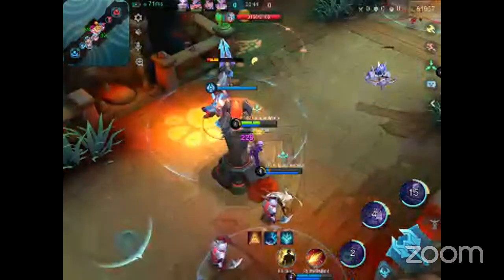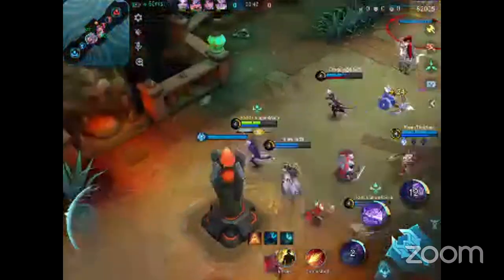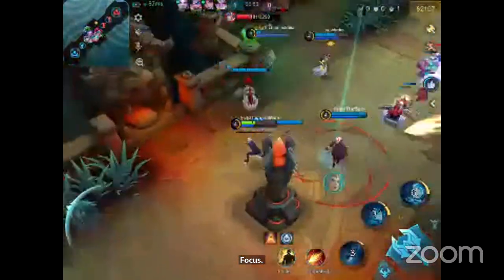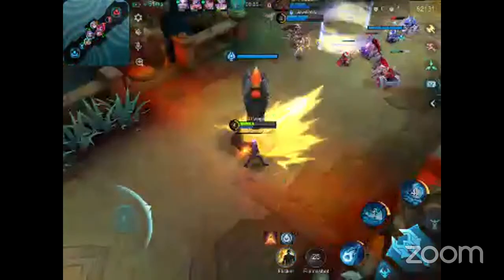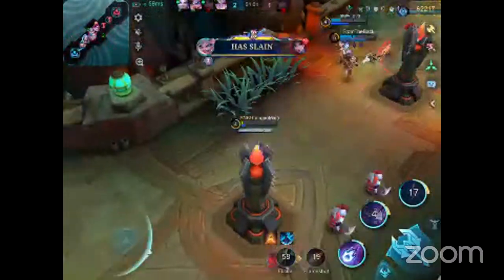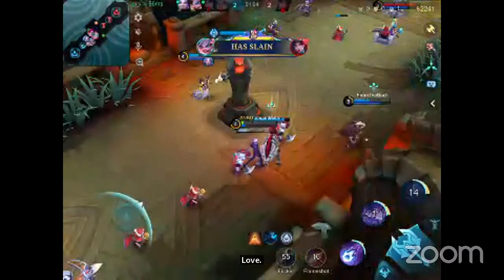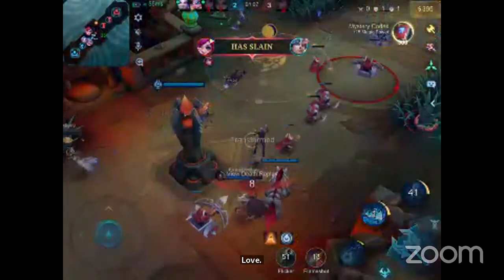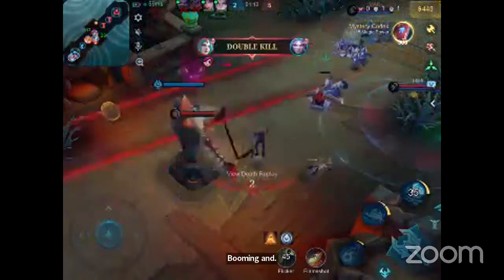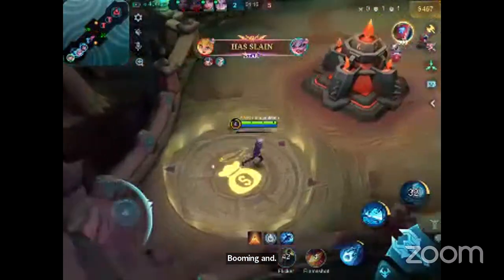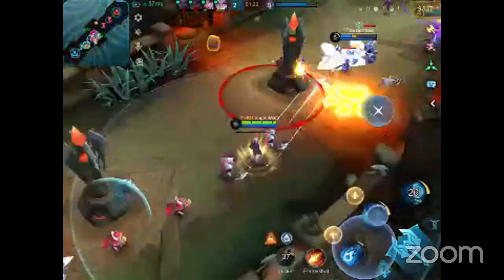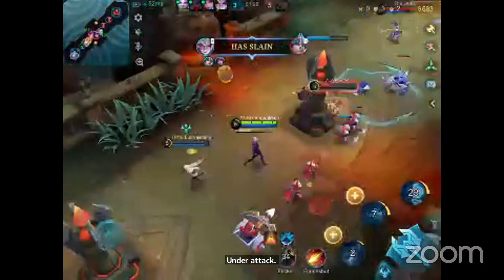Turret is under attack! An enemy has been slain! Ally has been slain. You have been slain. Our turret is under attack! An enemy has been slain!